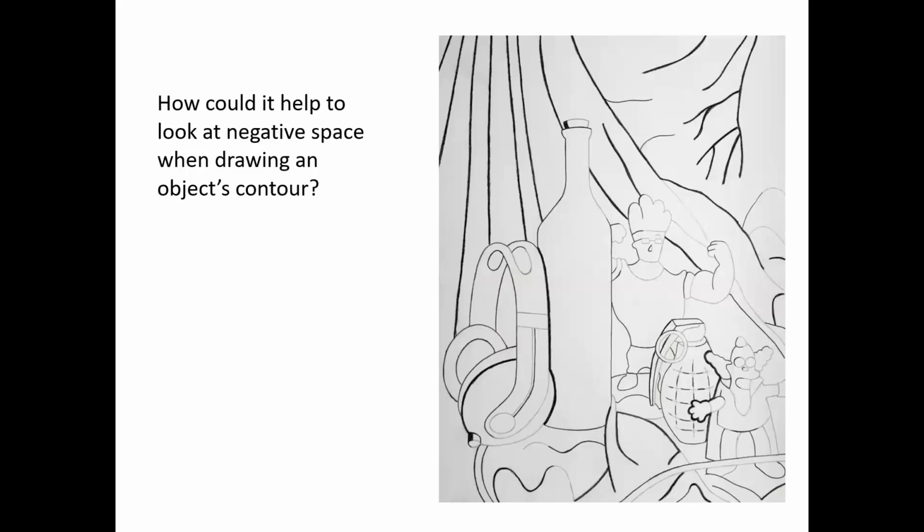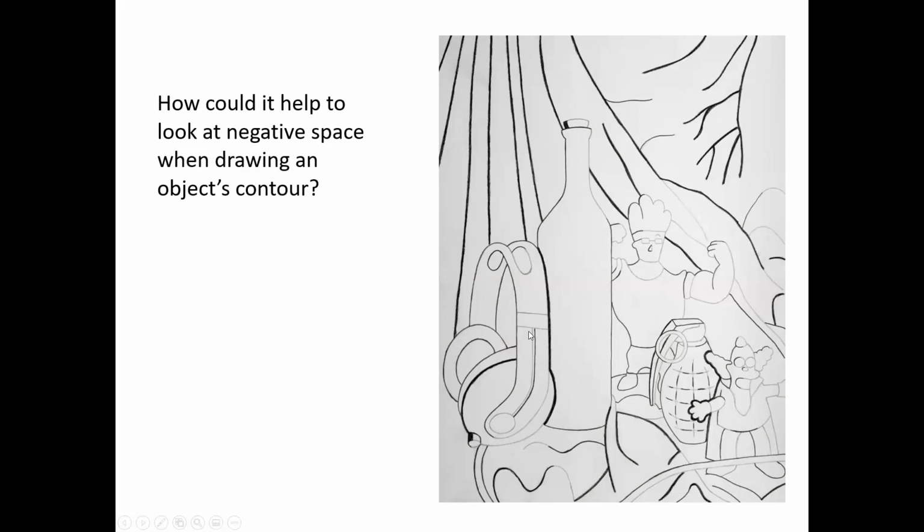So for example, if I'm looking at this still life, I can look at the headphones, right? And the headphones themselves, let's look at the shape of the overall headphones. So if we start at the bottom of the headphones, we see the earpiece, and then we move up the band that goes around the head that takes us down to the other earpiece. Between that band that goes up over the head, I see a shape that is created within sort of the negative space between the bands.